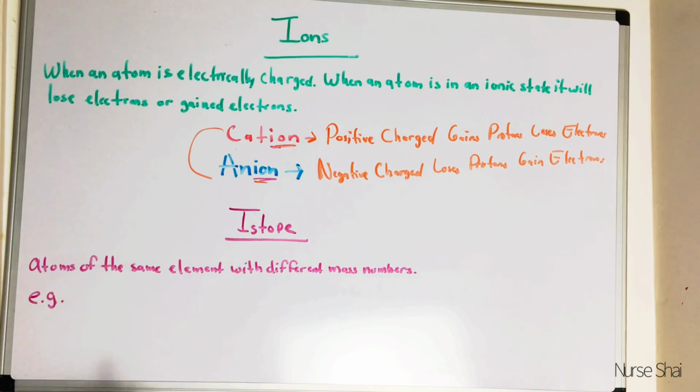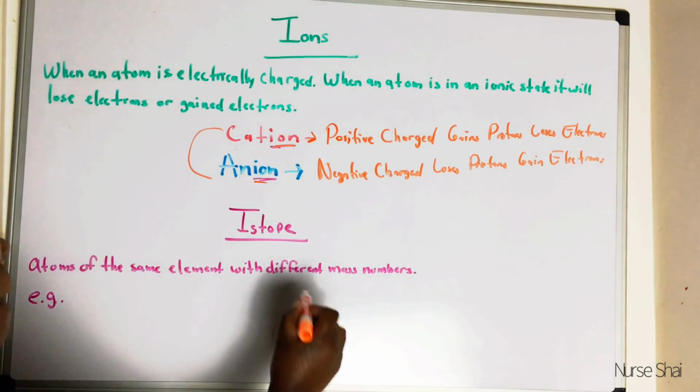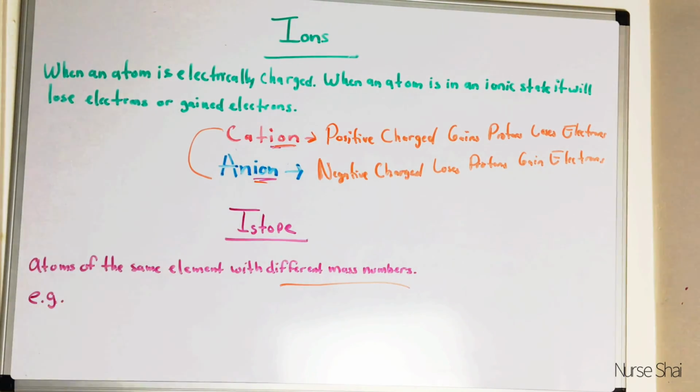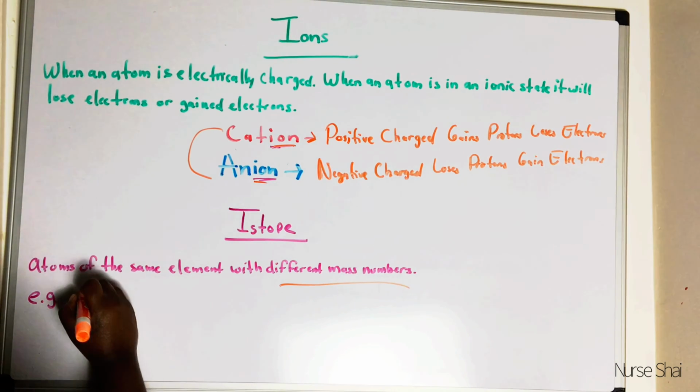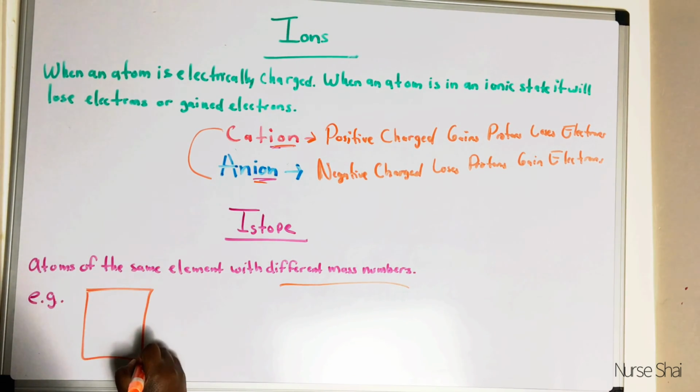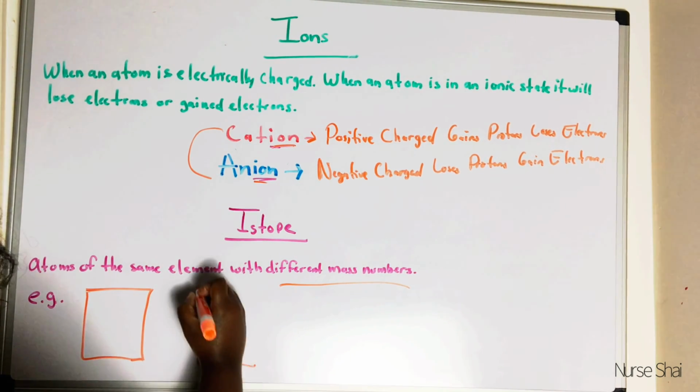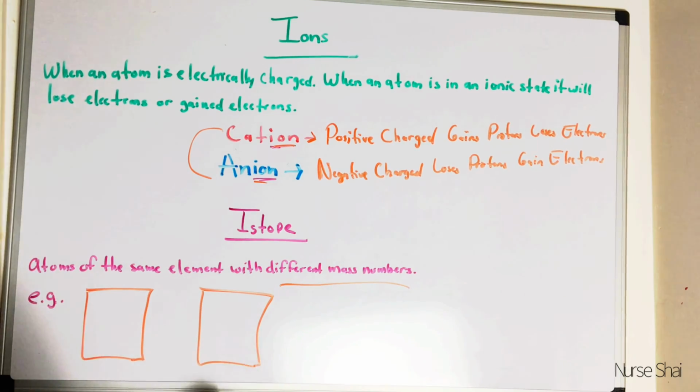Okay, so isotopes. Isotopes are atoms of the same element with different mass numbers. For example, you might be given a problem similar to this. And keep in mind, as I'm writing this, what a mass is, according to the definition I gave you not too long ago.